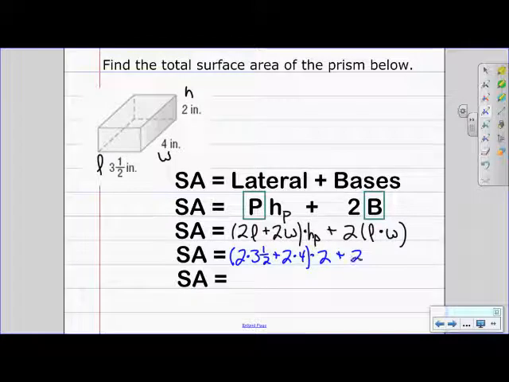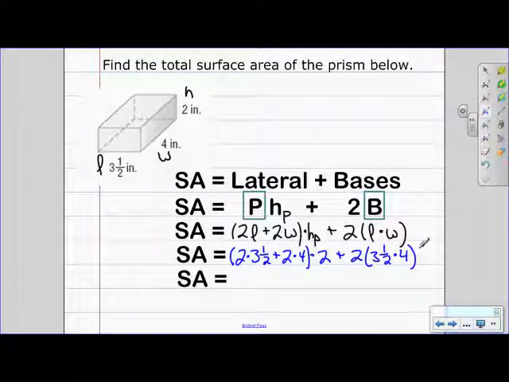Plus 2 times the length, which is 3 1/2, times my width, which is 4. Now, I like to put all of this in my calculator as one expression to minimize computation errors. So let's go to our calculator to see how that looks.